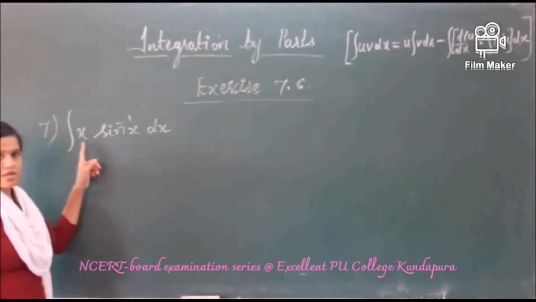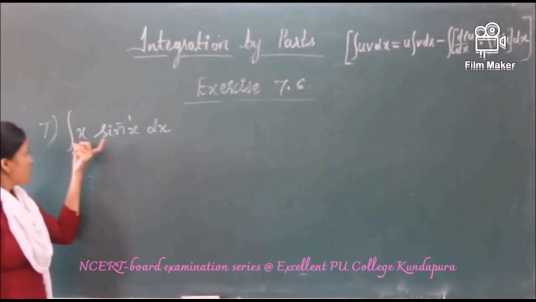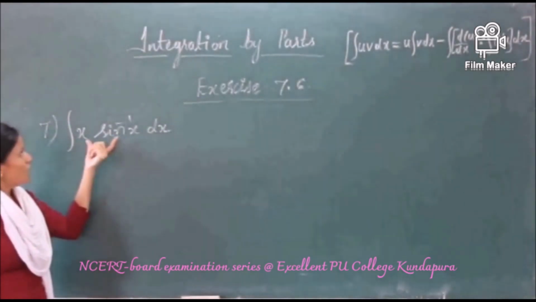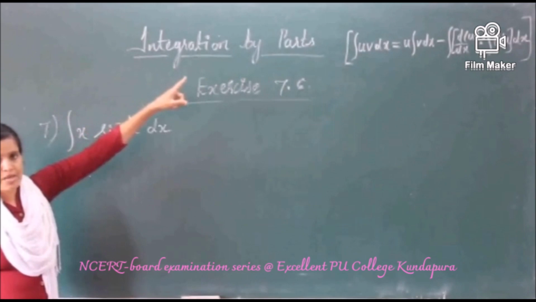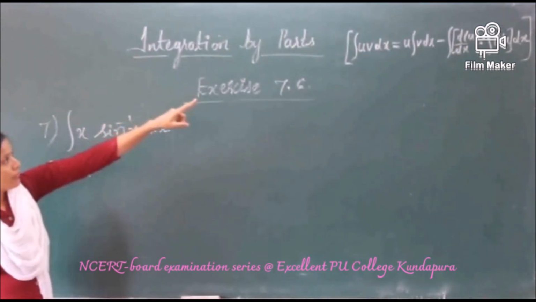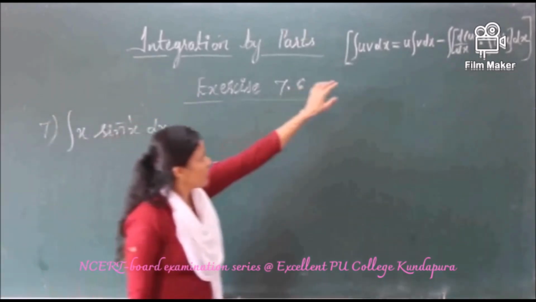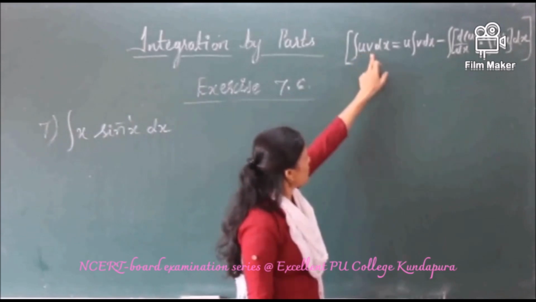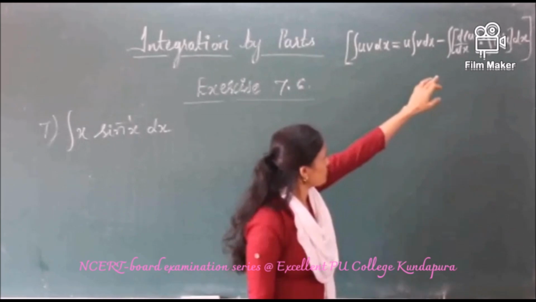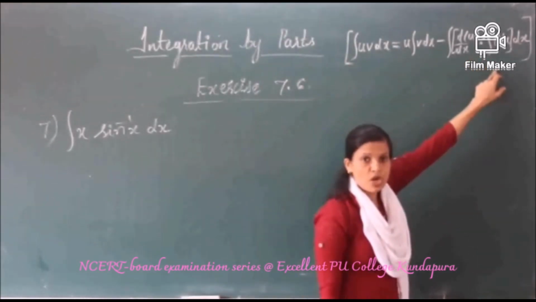Integrate the function x into sine inverse x. This integrand is the product of two functions, so I have to go for integration by parts. You already know the formula: integration of u into v is u into integration of v minus integration of derivative of u into integration of v.